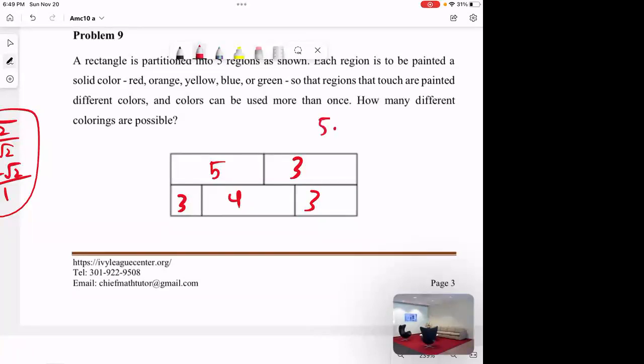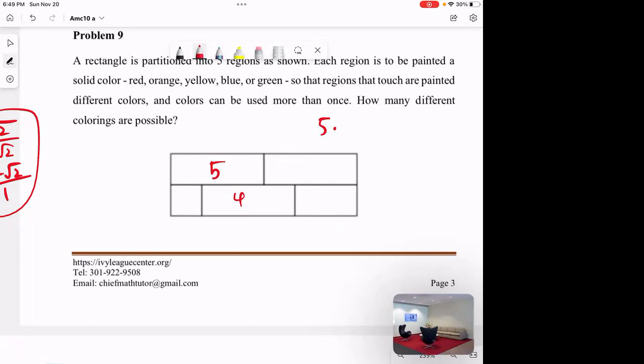5 times. And then let's look at this one right here. The reason I choose this one, it seems like a special case because it's touching 1, 2, 3, 4. It's touching all 4 other rectangles. So it seems important. This one, so far, we've only determined that this one can be any of the 5 colors. This one can be any of the 4 colors that isn't this color.